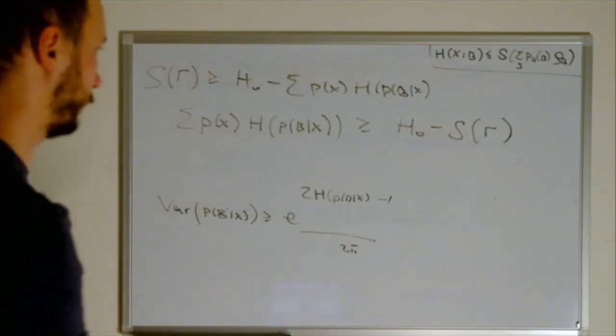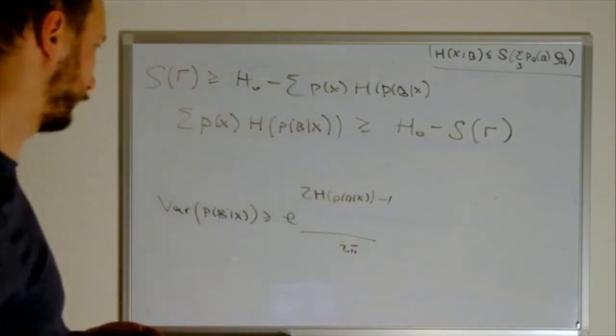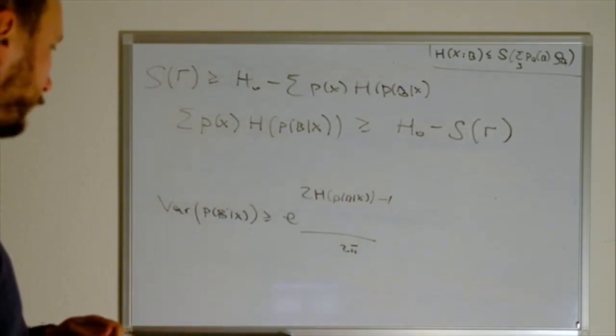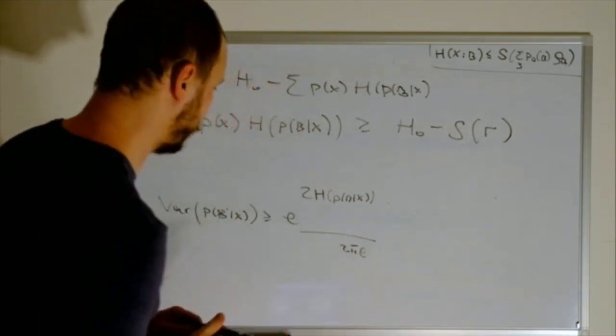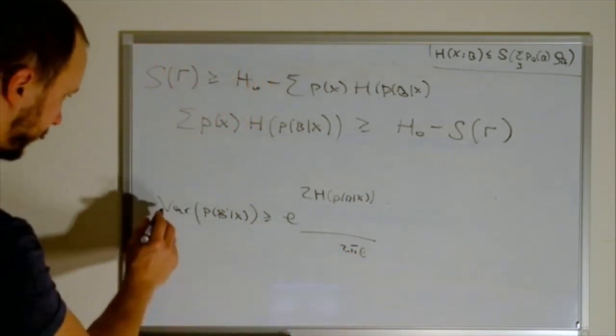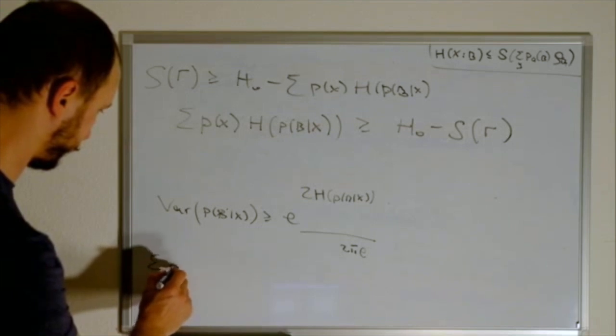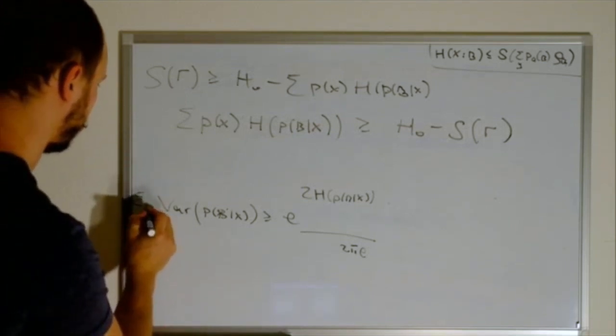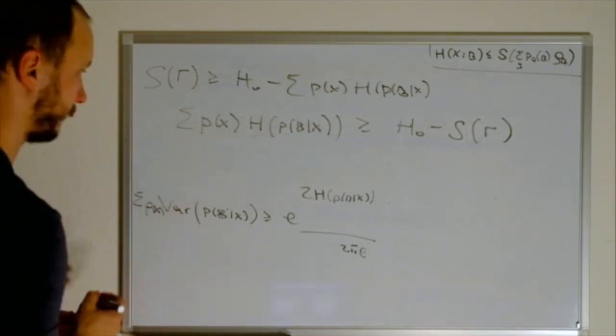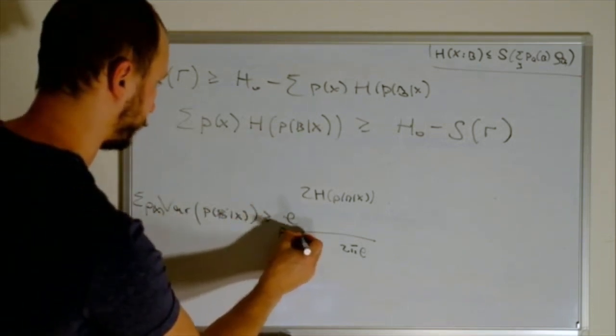Now what we want here is the following thing. Let's look at the average variance. So we say sum of p of x variance of p of x here.